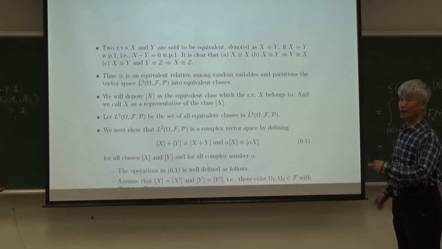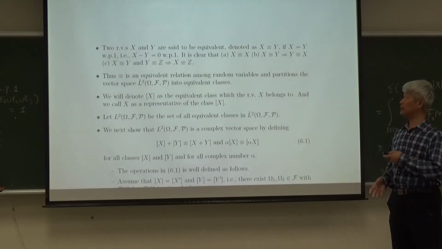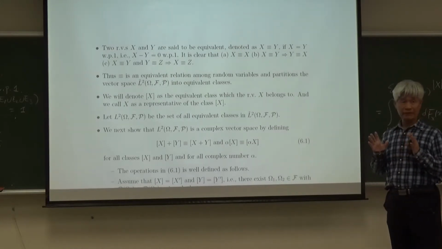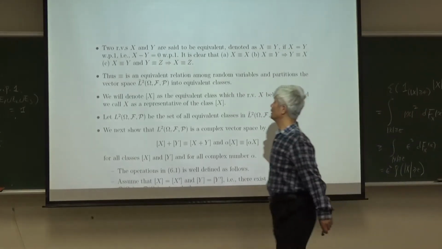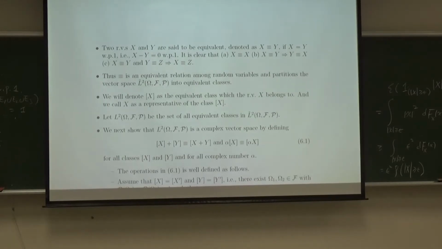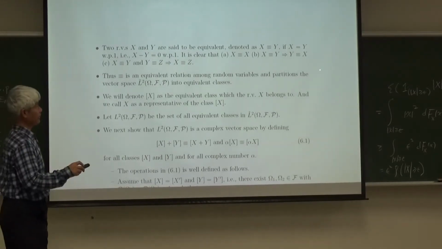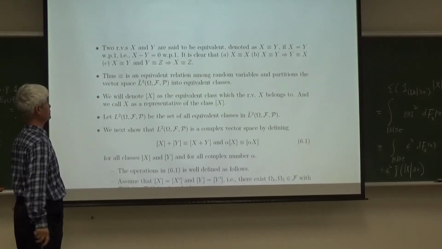If X and Y have the same distribution, and Y and Z have the same distribution, then of course X and Z have the same distribution. So that's trivial.